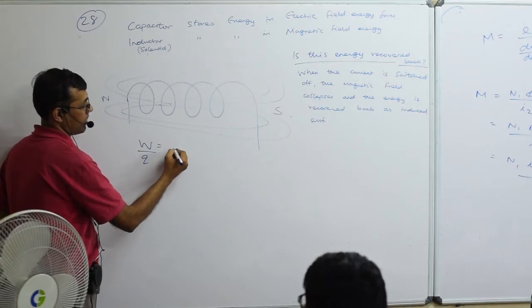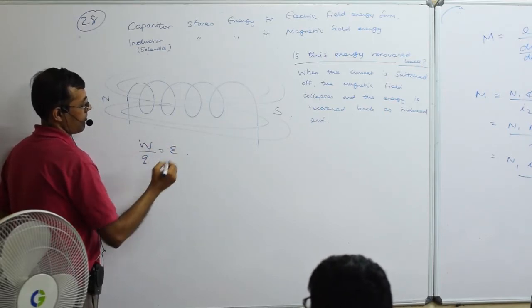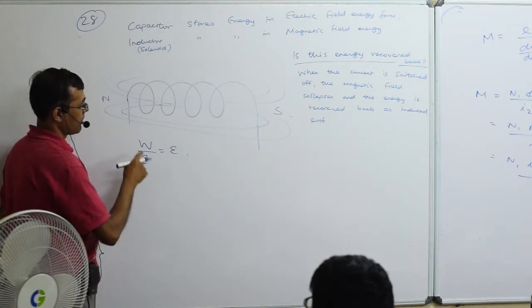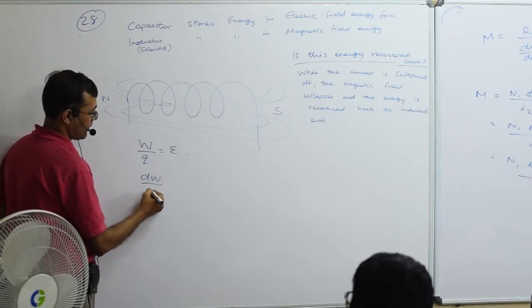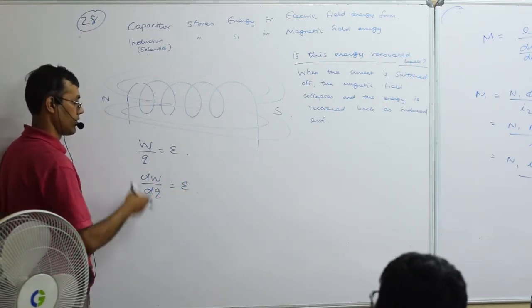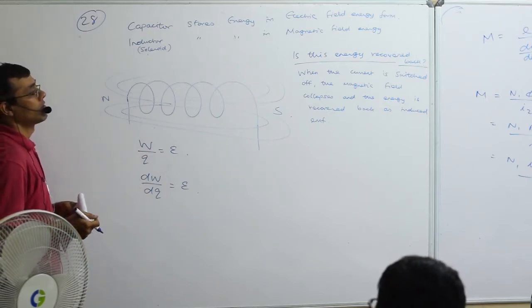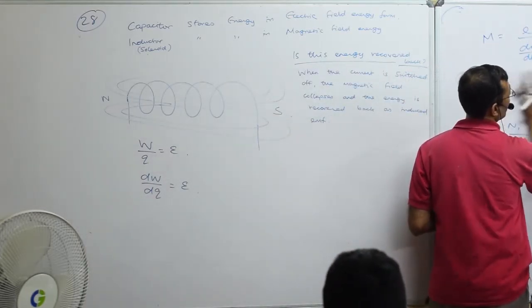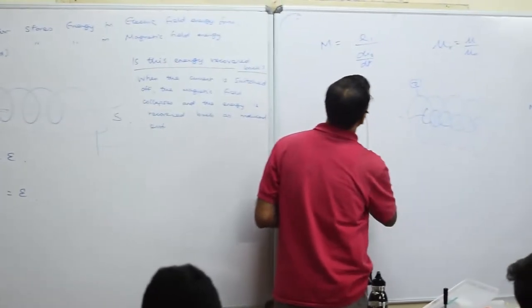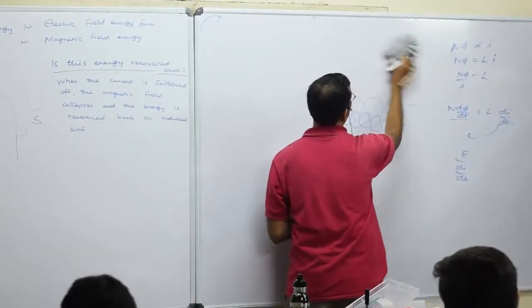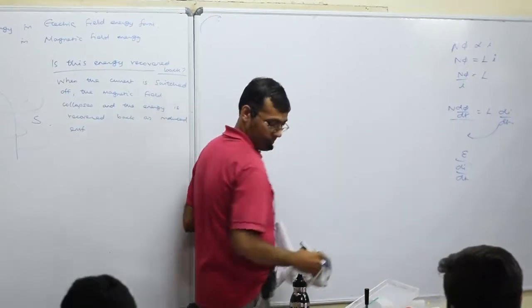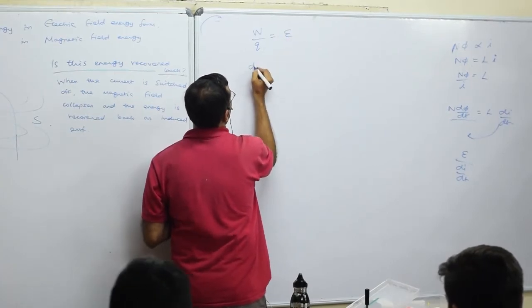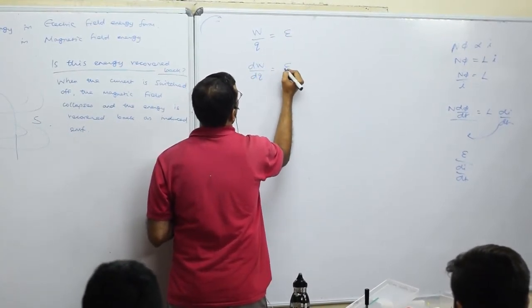So we say this is EMF E. The same thing can be written as dW by dQ is equal to E, in terms of differential calculus.